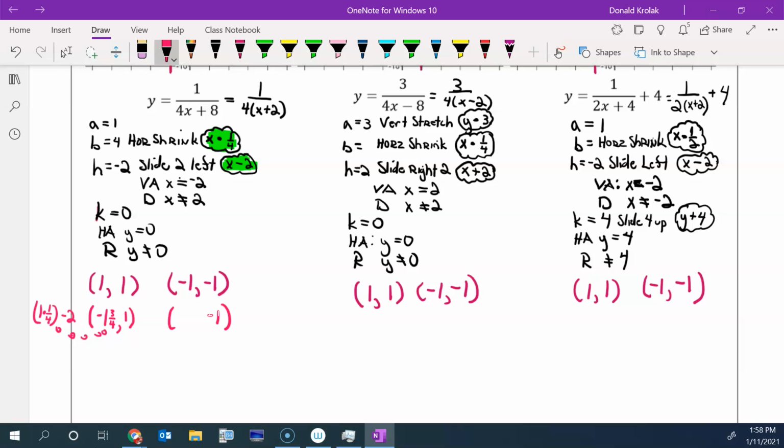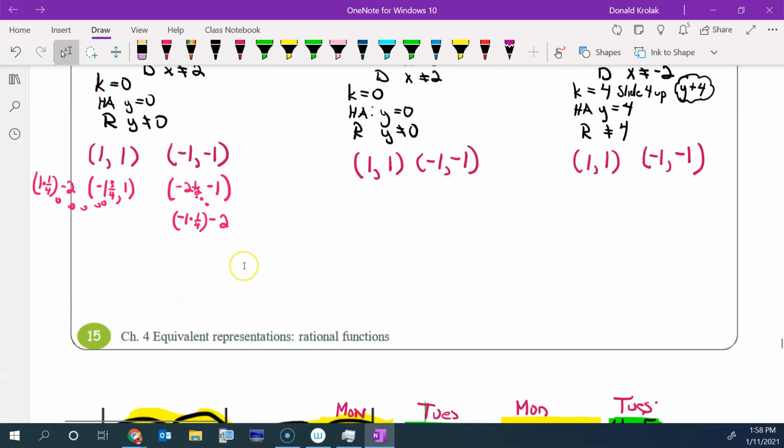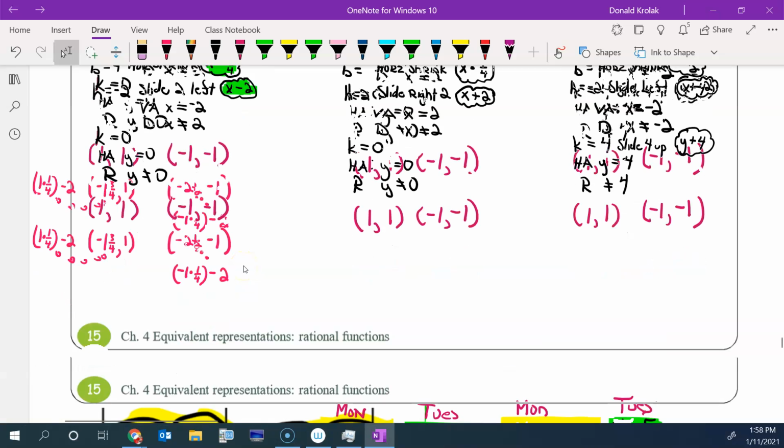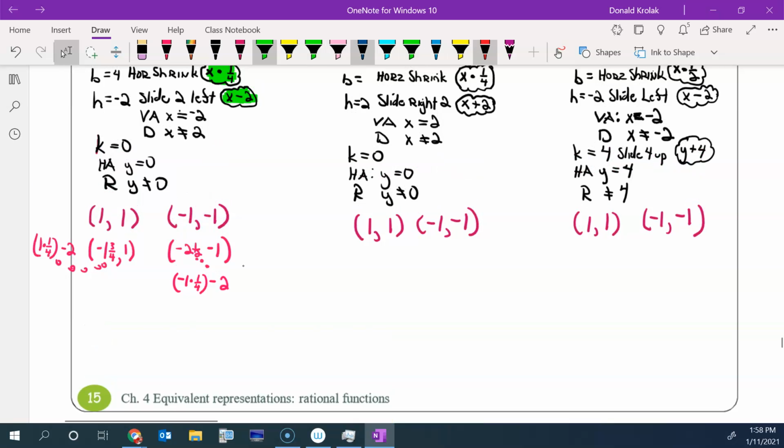And this guy, -1 times 1/4 is -1/4, minus 2 is -2 1/4. So that's how I got those two numbers. Now I plot those and then I can draw my graph.